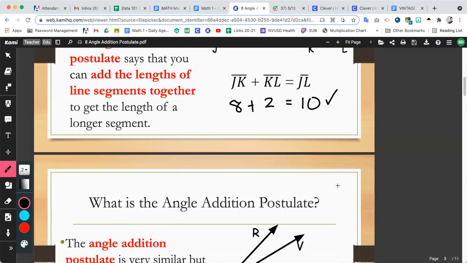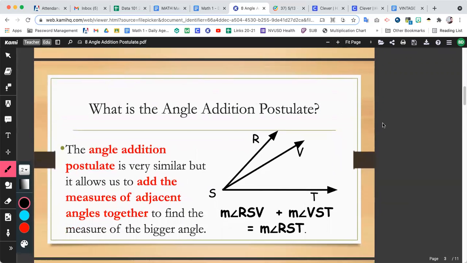So angle addition postulate is basically saying the same thing. It's stating that if you want to add the measures of adjacent angles together, you can, and they just add up to the whole bigger angle. So if you look at this angle, the bigger angle is RST. So again, follow the letters R to S to T. That's the bigger angle. Okay, so I'm going to color code these bad boys.